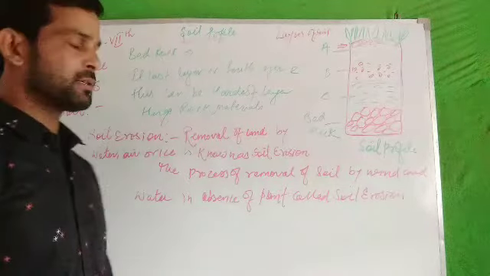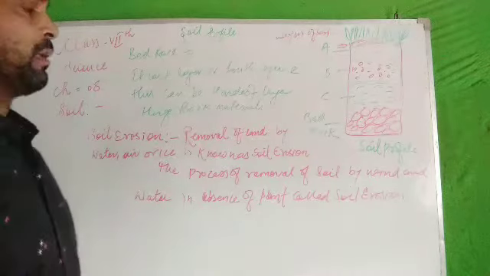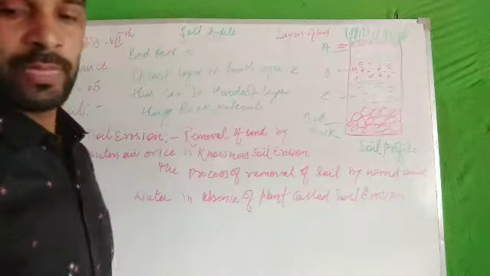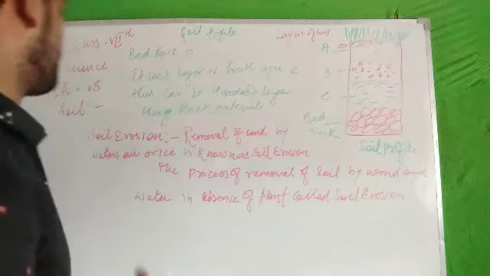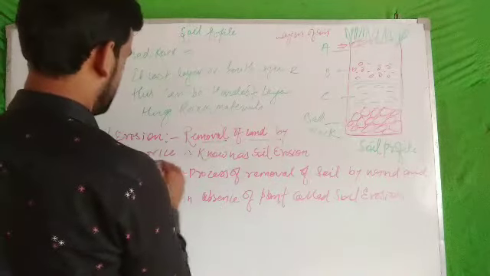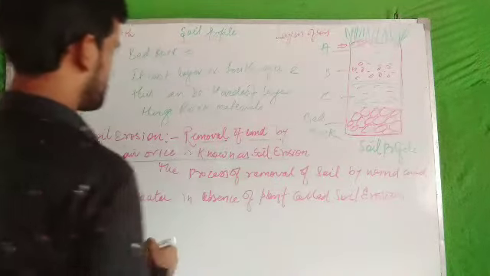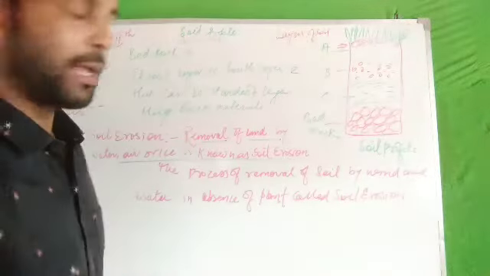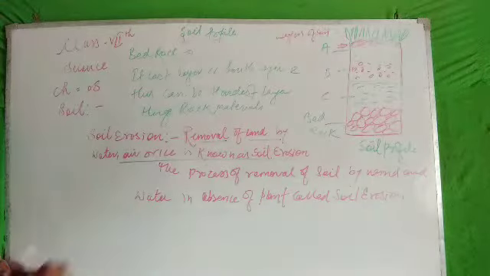So what is soil erosion called? The removal of land or soil by air, water or ice. So this is all about soil erosion.